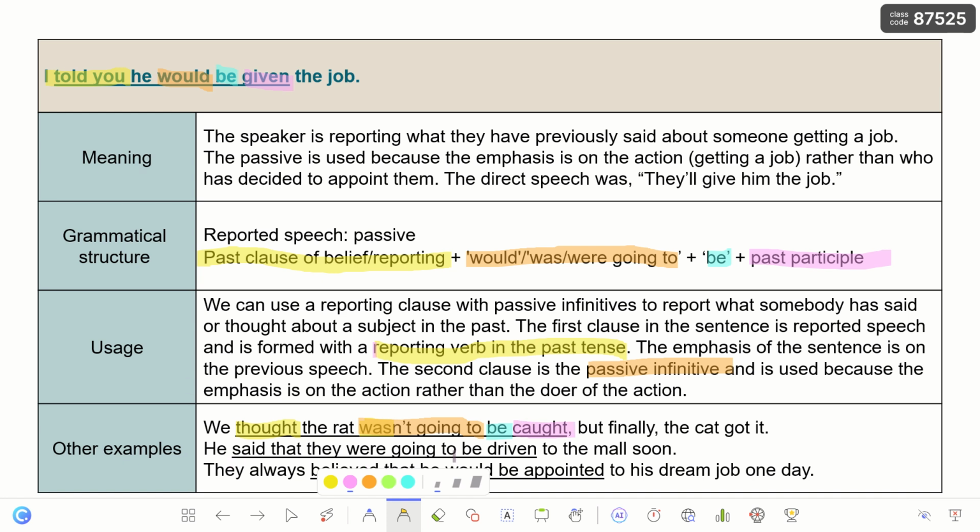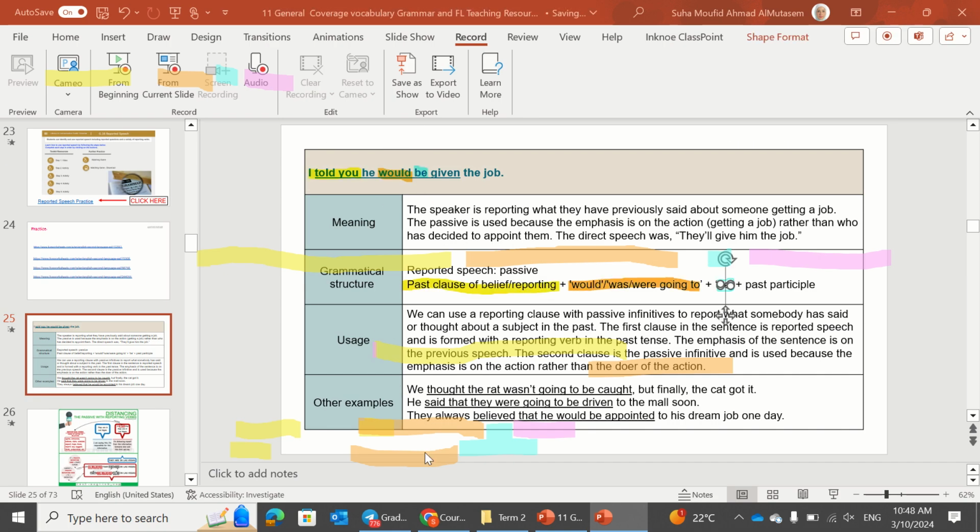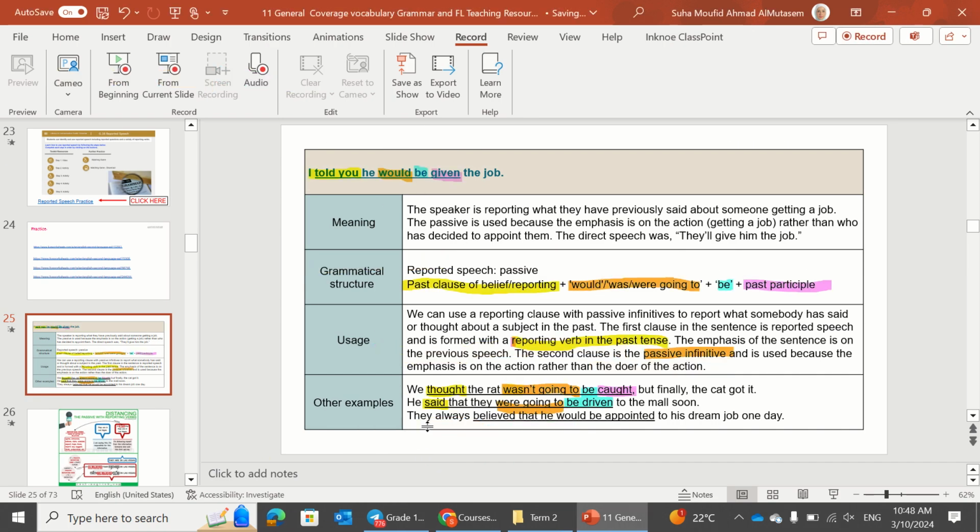He said that they were going to be driven to the mall soon. Here I have the reporting verb. Then I have we're going to. Here, this is the sentence. Passive infinitive, we're going to. Infinitive be driven is the passive. Okay. They always believed that he would be appointed.